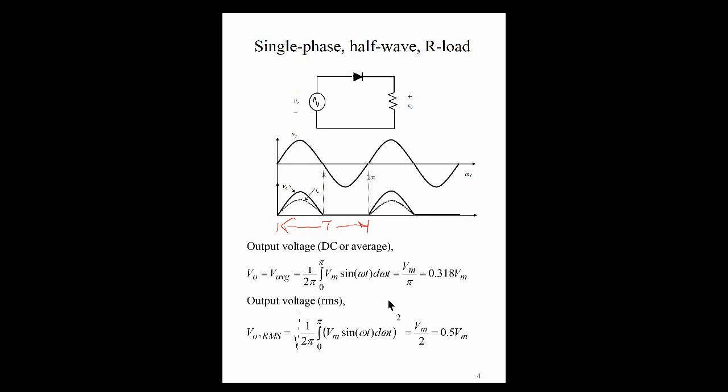Now, in the case of the RMS voltage, that's the root mean square. So you're going to take the square, then the mean, and then take the square root. So you would have the mean here.